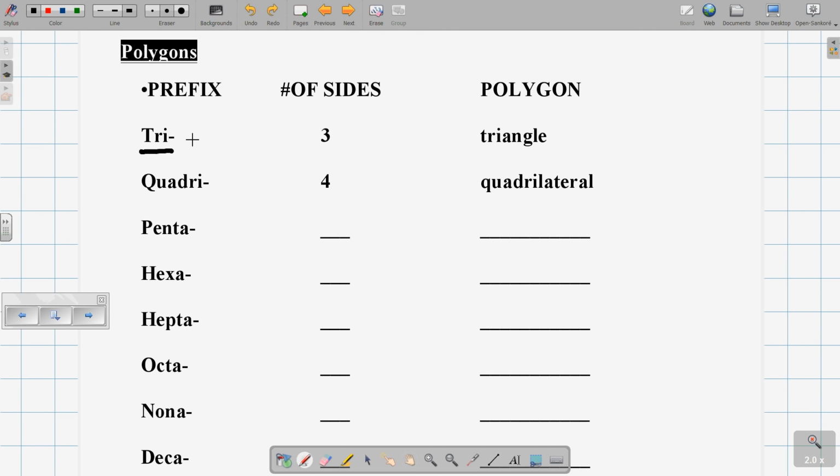The prefix tri is for 3. So a shape with 3 sides, we call that a triangle. Quadri, 4, quadrilateral. Penta is 5, pentagon.